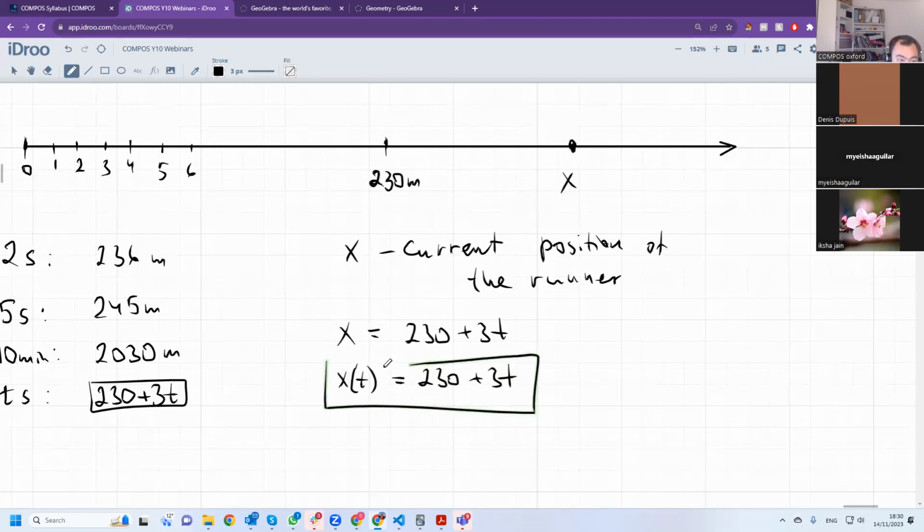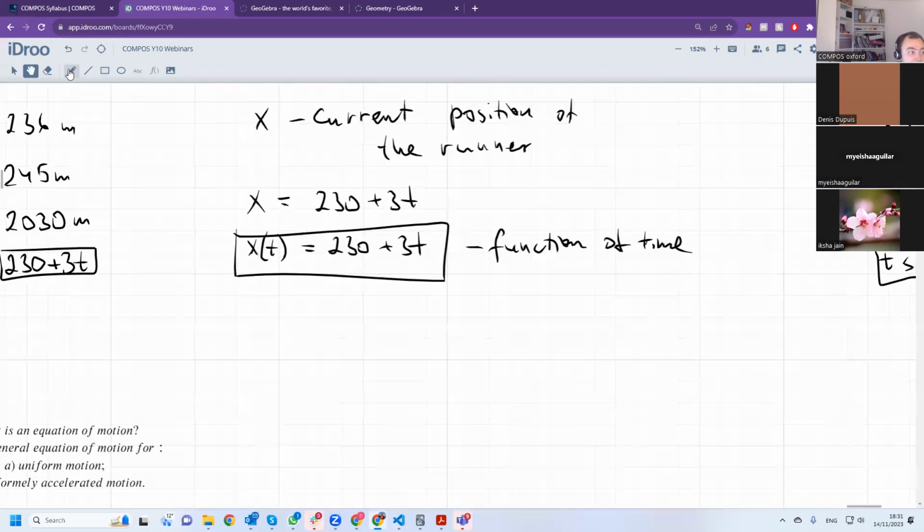So it's a function of time. Basically, if you know the time, you know x. So x of 2, for example, is 236. Yes, 236 meters.